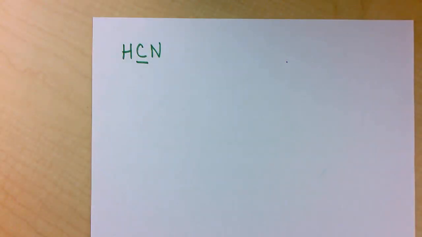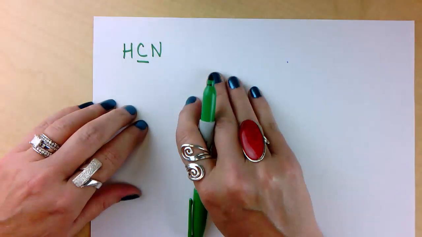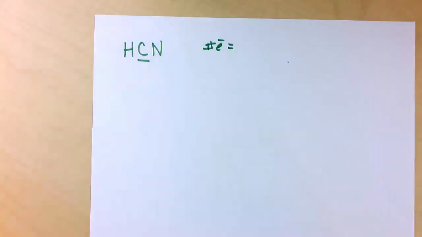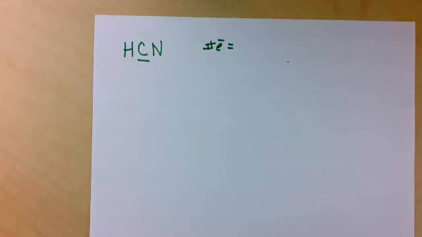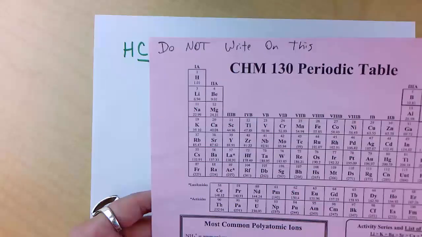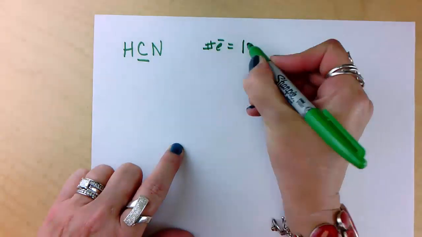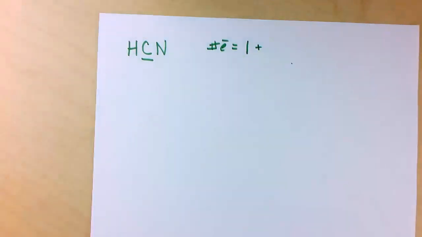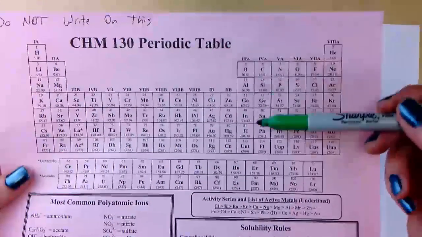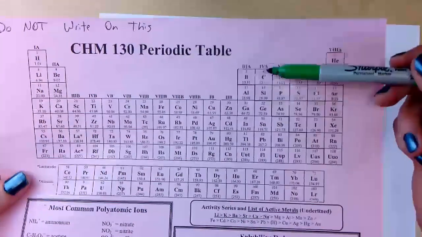So we have HCN, and our first step is to add up the valence electrons. How many valence electrons does hydrogen have? Well, hydrogen being the first element, number 1, only has 1. Carbon is in that tricky fourth column, column 4A.